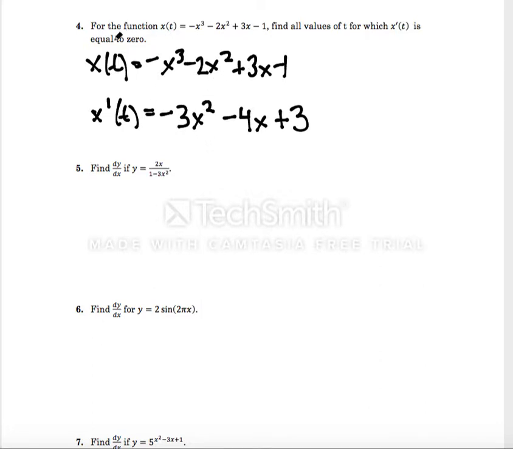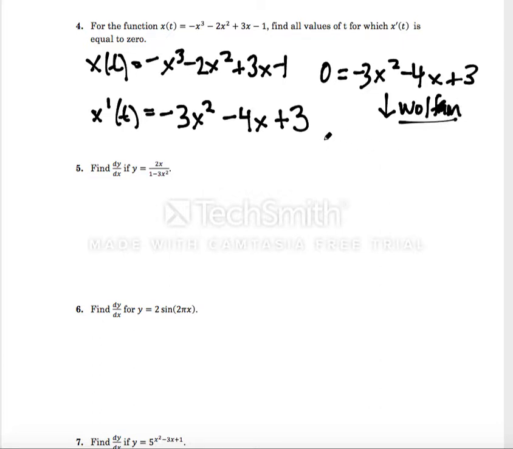I want to know when this function is equal to 0, so I'm going to set it equal to 0. You may be aware that this is a quadratic equation, as you can see by the square. There are a couple ways to solve this. I used Wolfram Alpha. If you have access to a computer, Wolfram is a very quick way to do this.